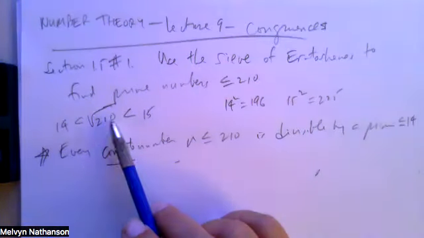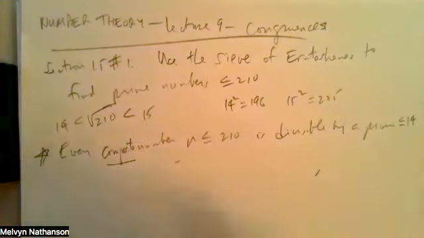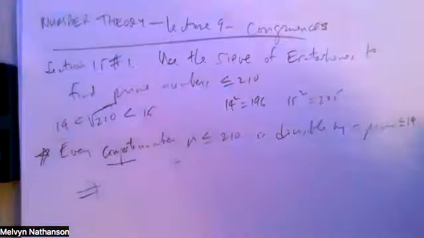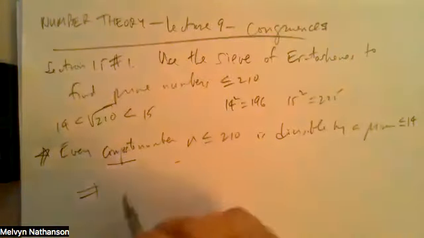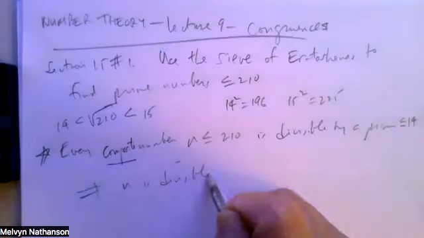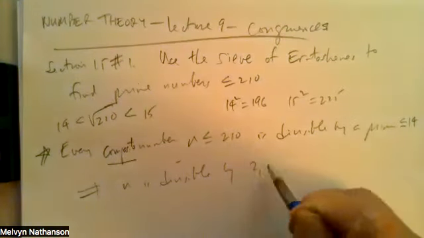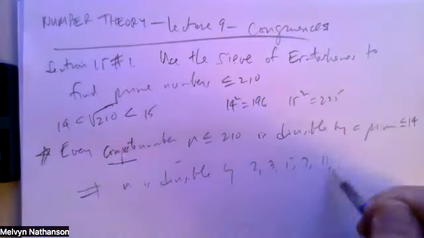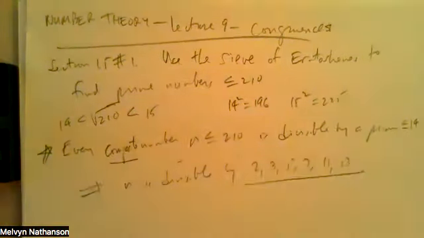The largest integer less than or equal to root 210 is 14. And what are the primes less than or equal to 14? That means n is divisible by one of the primes 2, 3, 5, 7, 11, or 13. These are all the primes less than or equal to 14.